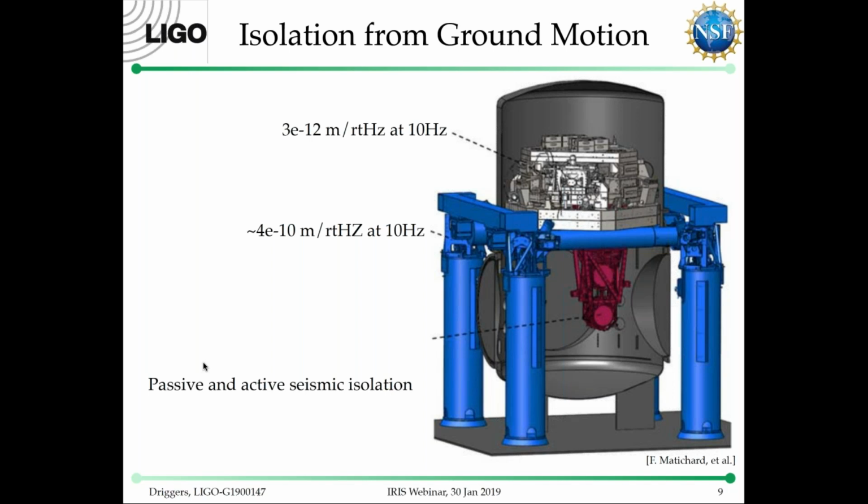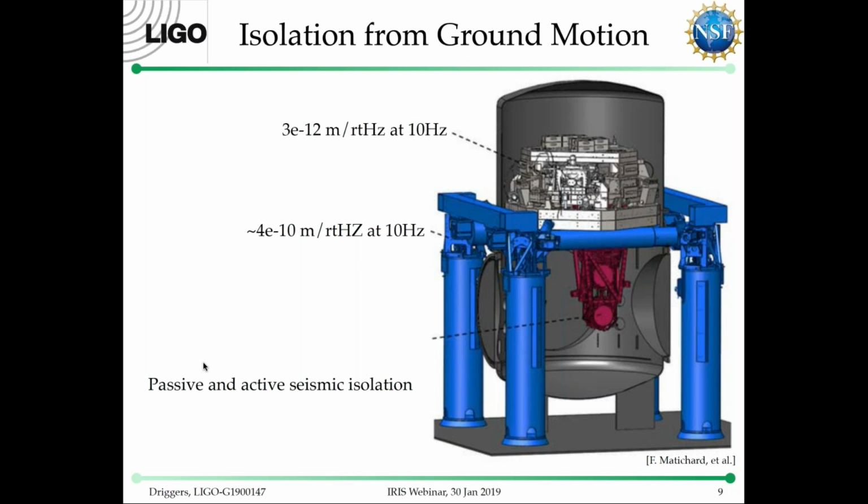It's sitting entirely on this blue pier system. And this seismic isolation table, which I'll go into more detail in a slide or two, isolates another few orders of magnitude so that now we're moving about 10 to the minus 12 meters per root hertz at 12 hertz.